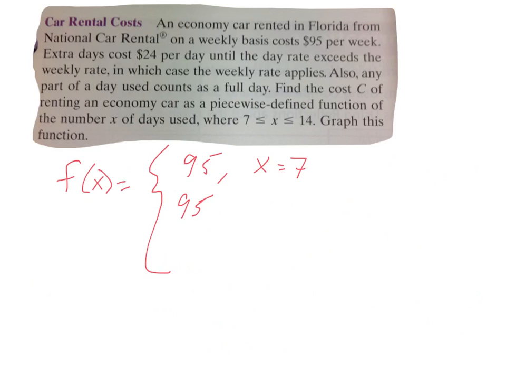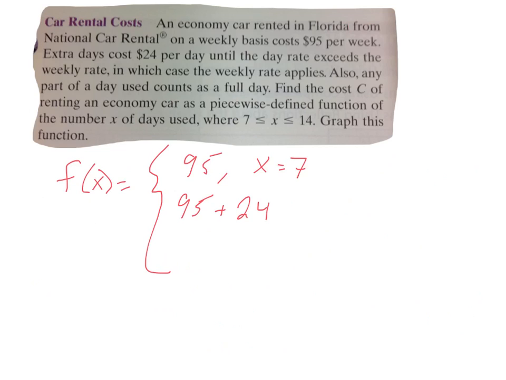$95 plus the daily rate, 24, times, and this is the tricky part, if we have to pay for the full day. Essentially, we're taking the number that we've gone over 7 and rounding it up.